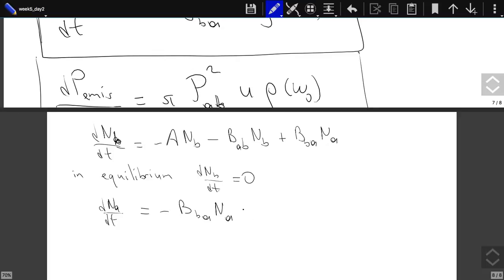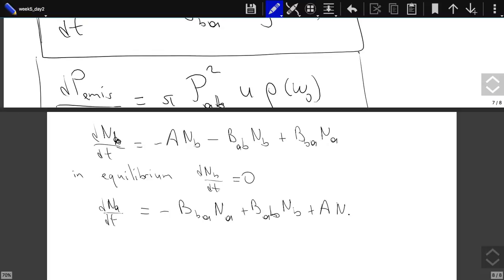And there is a probability that the excited B atoms can get de-excited. Well, they can get de-excited due to the external fields, or they can get de-excited due to spontaneous emission.